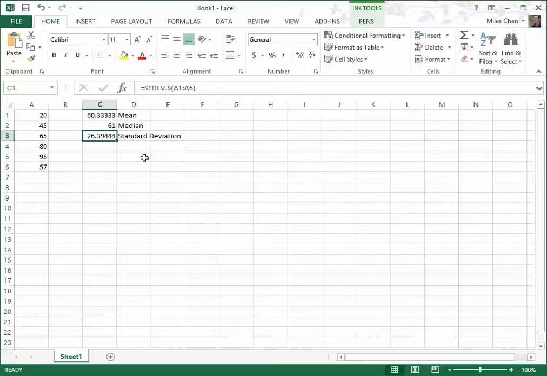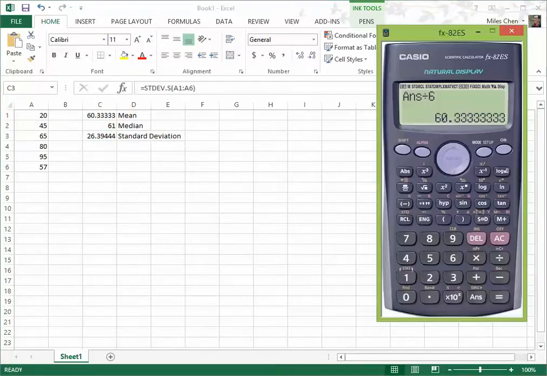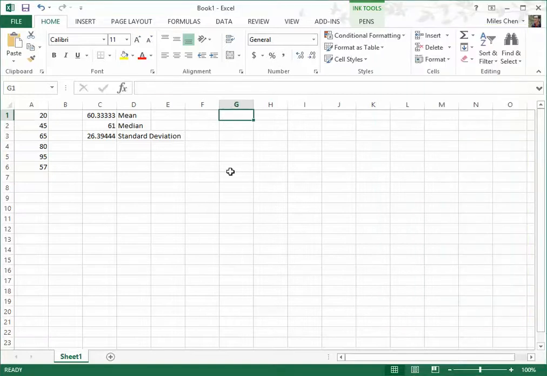Can you confirm the standard deviation by calculator? Do you know the formula for standard deviation? To calculate it by hand, you have to find the deviations, right? So you do 20 minus 60.33 for each of these. I don't know if this is a good use of our time, to be honest.